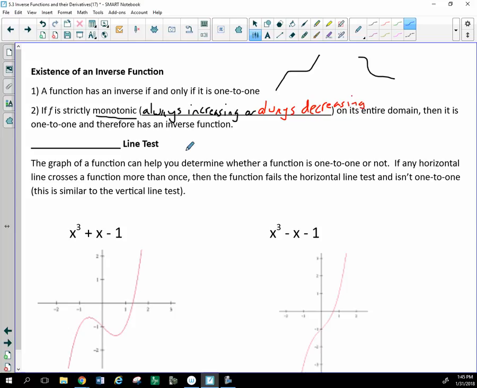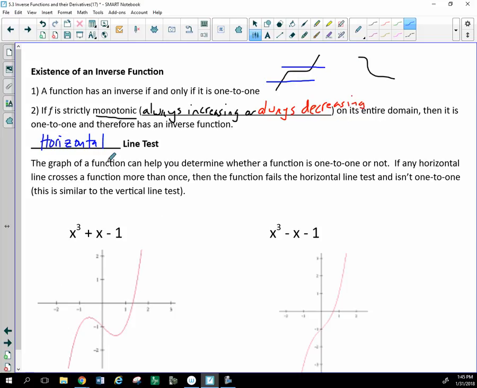Now, if you remember, we did a vertical line test to determine if things were functions, but inverse functions are a 90-degree turn from that, so we don't do a vertical line test to see if it has an inverse function. We do a horizontal line test. This will determine if the function is one-to-one, because think about it, if I draw horizontal lines into this function and turn it 90 degrees, they become vertical lines, and then we determine whether this is actually a function or not.